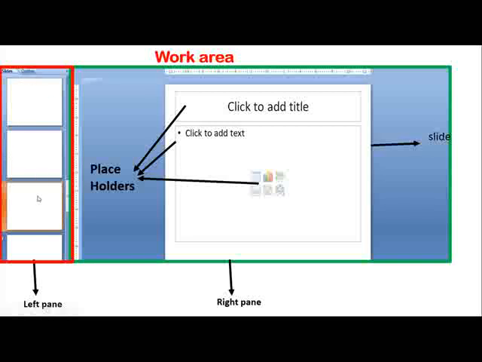Then you can see some placeholders. You can see one text box, another text box, and also small pictures inside the slide. And these are called placeholders. Placeholders help us to place tables, charts, images, clip art, video and audio files.